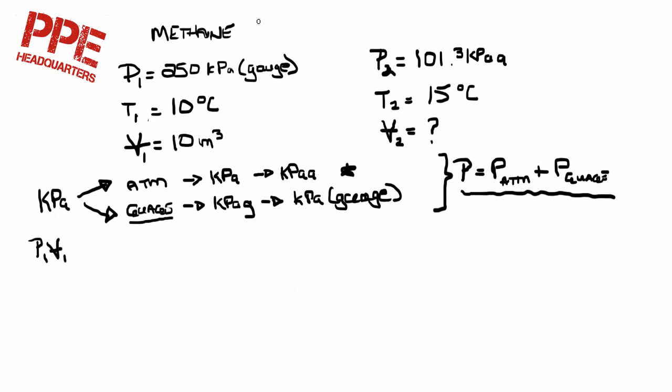So oftentimes in these equations, why do we know it's ideal gas law? Well, they give us an R. As soon as you're given an R, you basically know you're dealing with an ideal gas. What is it for methane? 0.518 kilojoules per kilogram Kelvin.